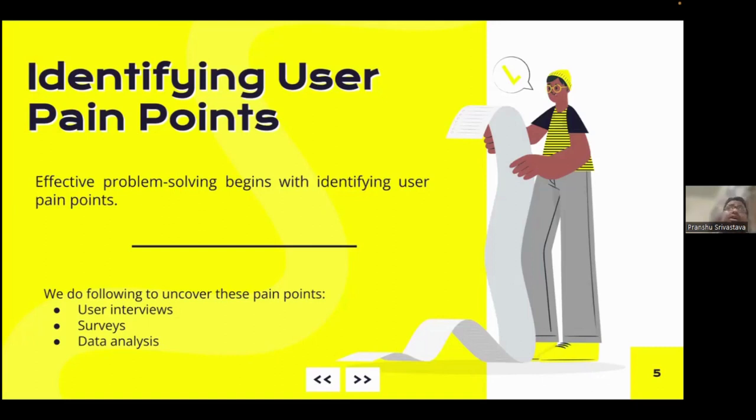Data gives you better insight in terms of solutioning, and also in terms of prioritization. So once I have the user's pain points list, I check my data, and I take a call that, okay, boss, from those 100 pain points, those 10 pain points are the top pain points which we have to solve first.